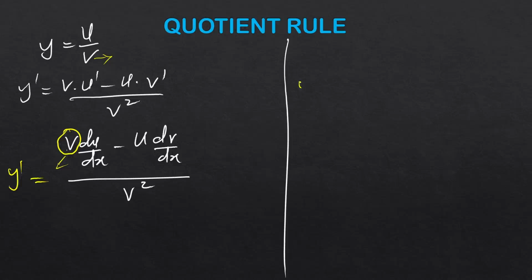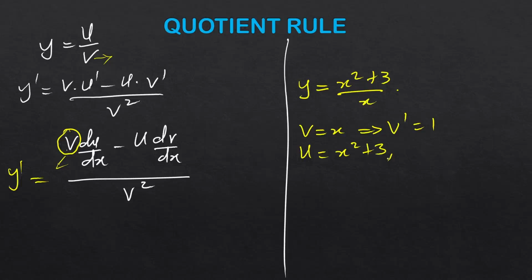Now, let us look at one simple question that will make us apply this principle very well. Let's start with a very simple one. y is equal to x squared plus 3 all over x. I'm going to start by saying let v equal x. That simply means v prime is just 1. And let u be x squared plus 3.